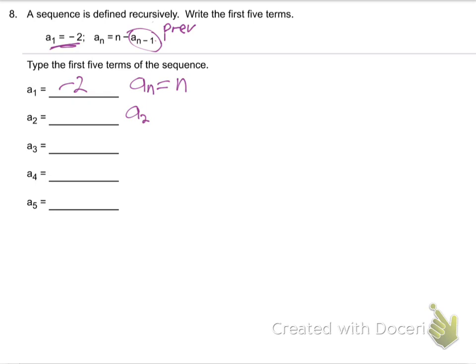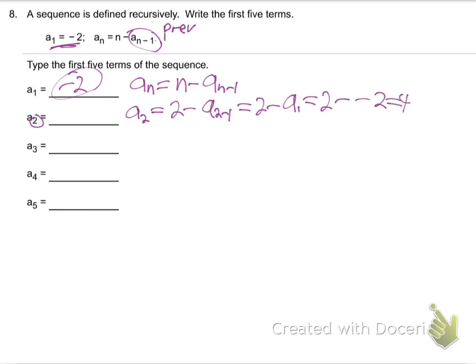A sub n is n minus A sub n minus 1. So A sub 2, let n be 2, is 2 minus A sub 2 minus 1. So that's 2 minus A sub 1. What's A sub 1? -2. 2 minus -2 is 2 plus 2 is 4. So A sub 2 is 4.